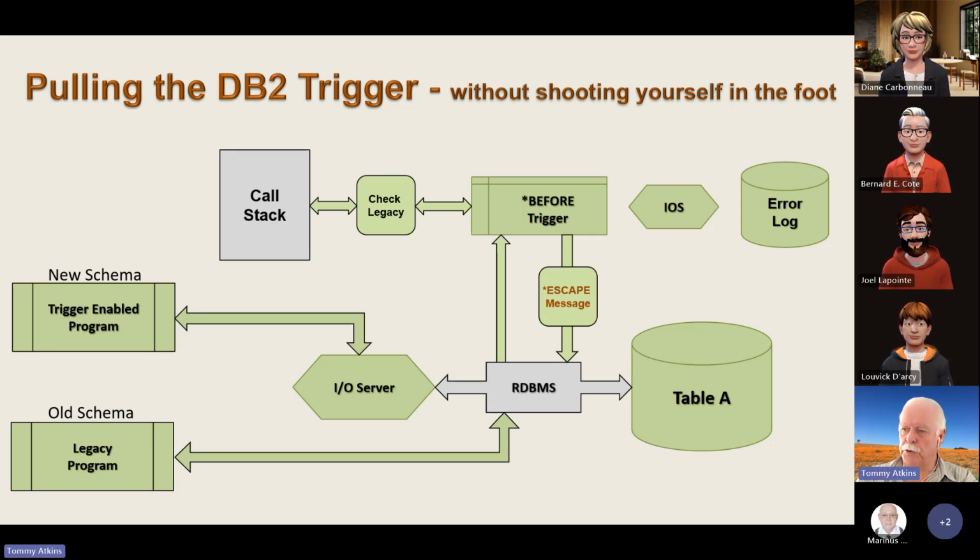Which you could do, and you would have to manage that in some way. Well, you would create a problem if you put the name of a legacy program into that table. You would create a problem for yourself. If you did not put a trigger enabled program into that file, it would not cause you a problem.